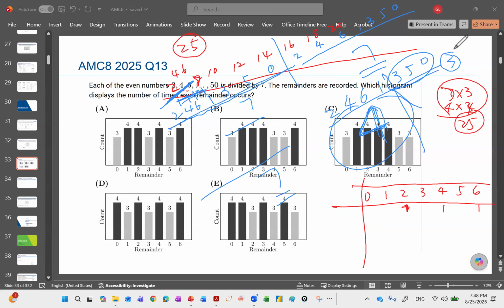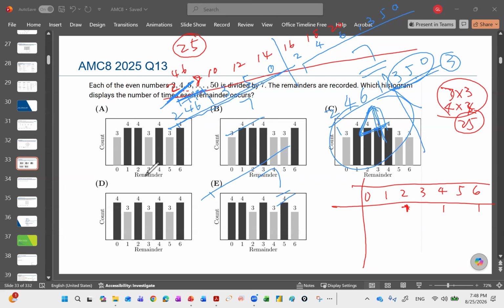Suppose they continue to 350. If they have 28 numbers, like 52, 54, 56, that would be 350. So it looks like 2, 4, 6, 1 have 4 each: one comes here, one here, another one here.